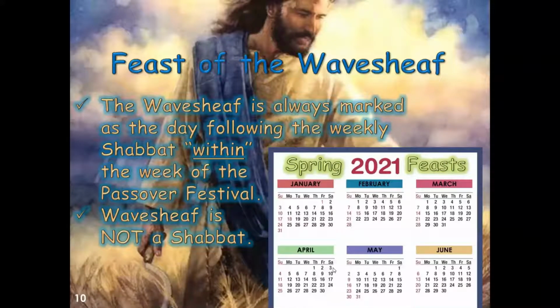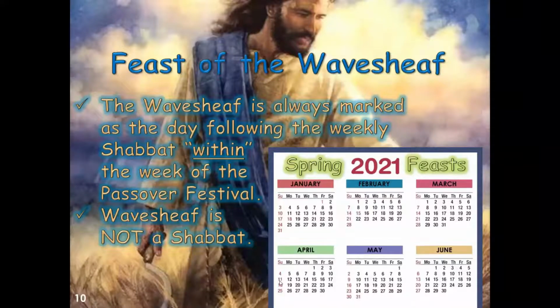The key word that Charlene has emphasized is within. Yes, within. The wave sheaf must be within the 7-day festival of Unleavened Bread, and we take that by Joshua's example. So if the wave sheaf follows the 7th day Sabbath, can it be on the 11th?